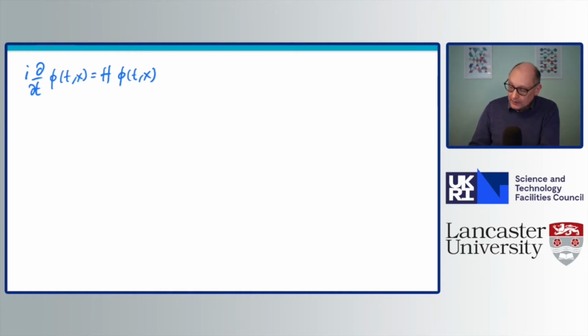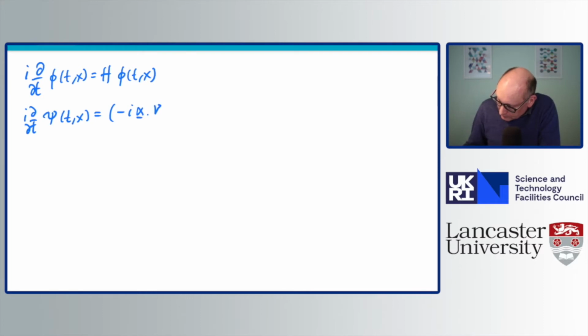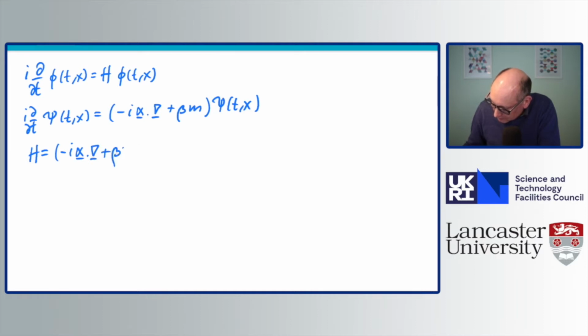If we compare this definition of the Hamiltonian with the Dirac equation, which is i dt acting on the spinor psi(t, x) is equal to minus i alpha dot nabla plus beta m, psi. We see that for the Dirac equation, the Hamiltonian is nothing but minus i alpha dot nabla plus beta m.